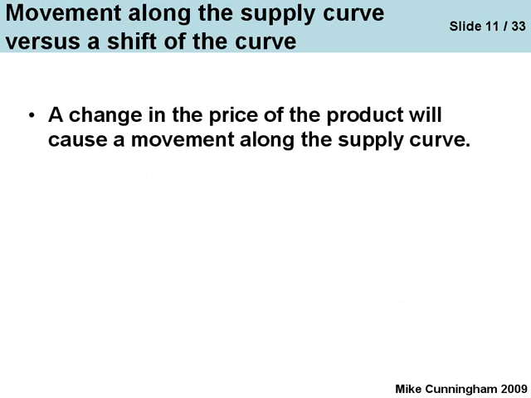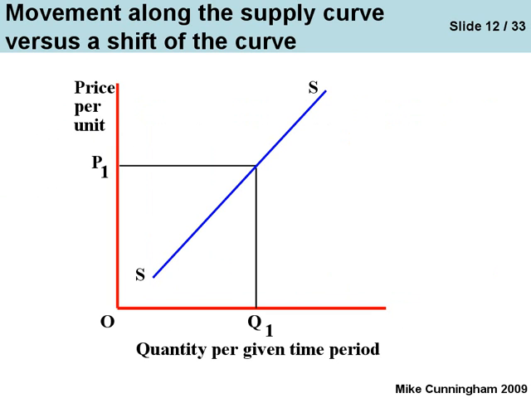So for the moment, we need to identify what makes a movement along the supply curve as opposed to a shift of the curve. Well, a change in price of the product will cause a movement along the curve. Now this is very important. A change in price will cause a movement along the curve. Here's the supply curve and here's the price of P1 and the quantity of Q1.